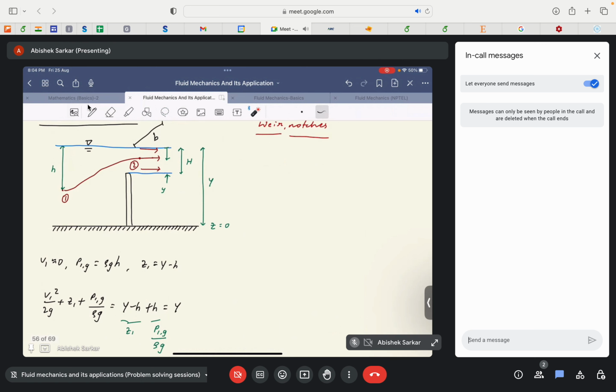Given the geometrical definitions, we can take v1 to be ideally equal to 0, because the depth is quite high, so we can take the velocity at point 1 to be ideally equivalent to 0 compared to the velocity at point 2.